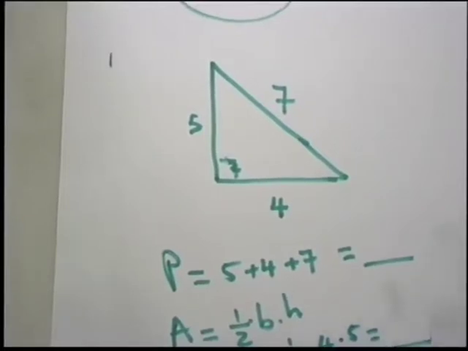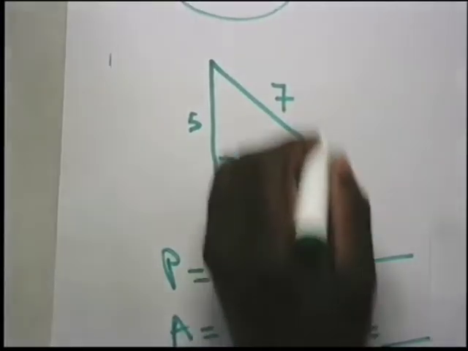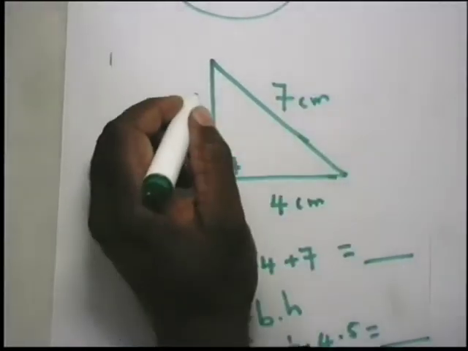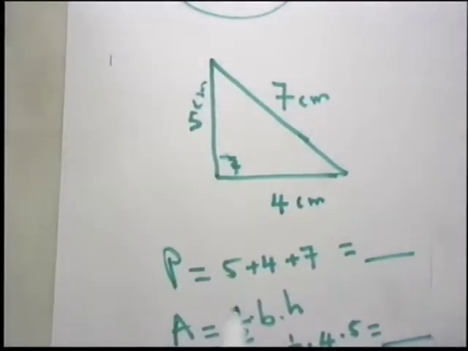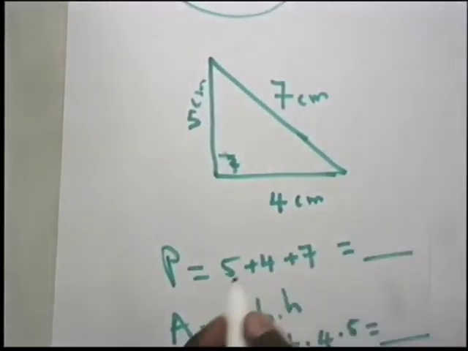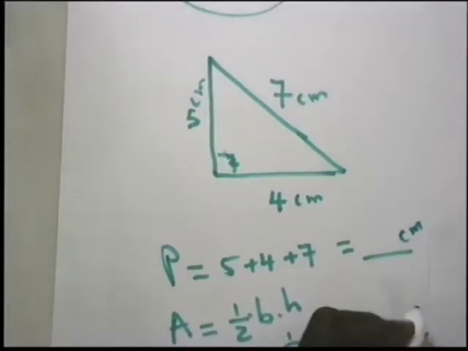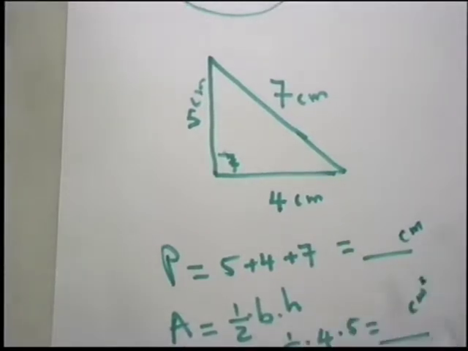and that then would generate the area. Let's remember, in terms of area, suppose we are dealing with centimeters. The final answer for perimeter will just be centimeters. The final answer for area will be centimeters squared.